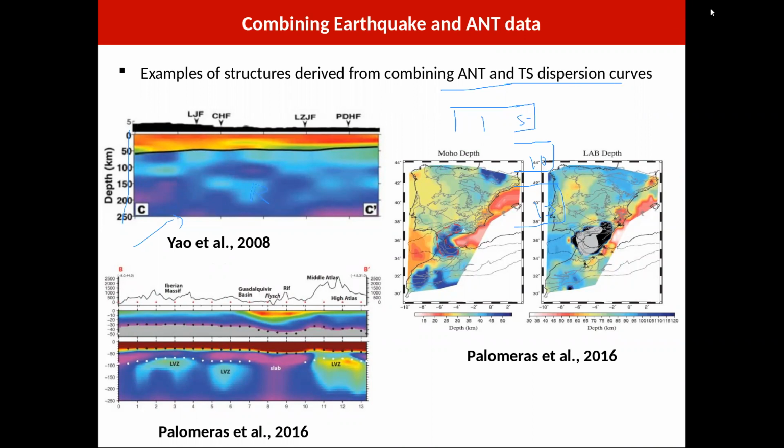In the case where your figures are presented as horizontal slices, you are looking at the distribution at some depth. So let's say this is at 50 kilometers, this is the velocity distribution in your area at 50 kilometers.